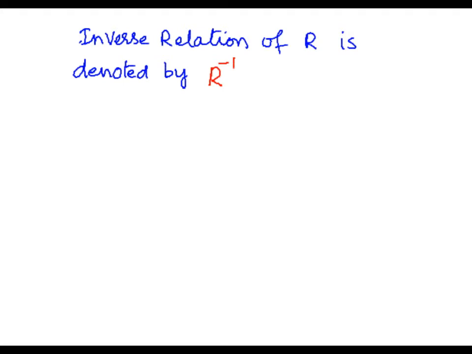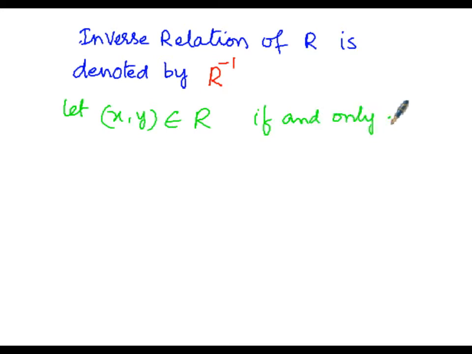If we assume that x comma y is an ordered pair which belongs to the relation R if and only if, by interchanging x and y, y comma x belongs to R inverse. In the place of the first coordinate x we write y, and in the place of the second coordinate y we write x. Then the ordered pair y comma x belongs to the inverse relation, that is R inverse.